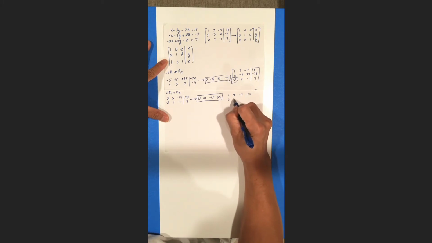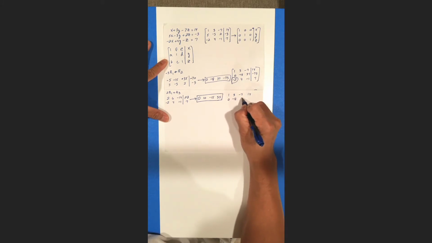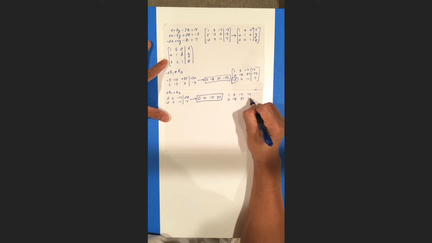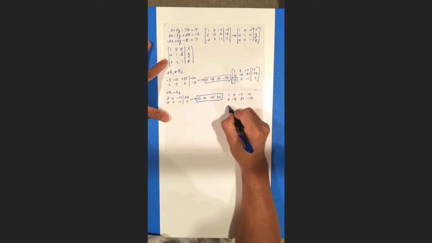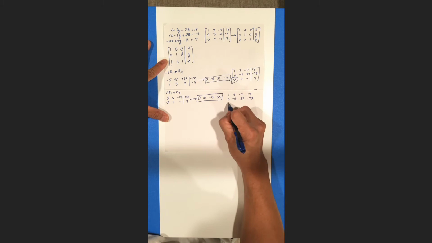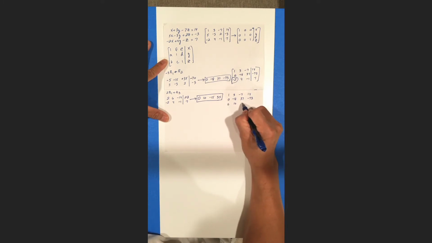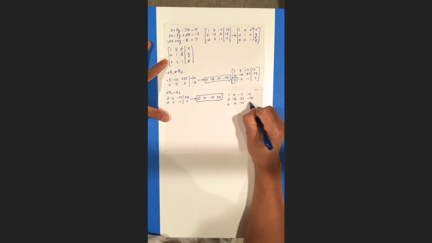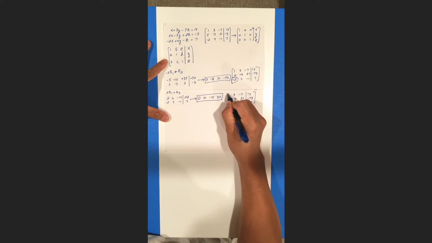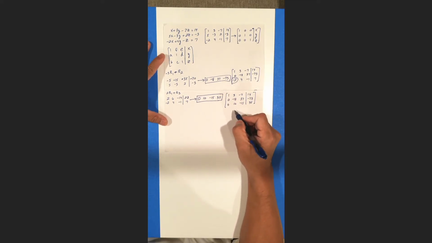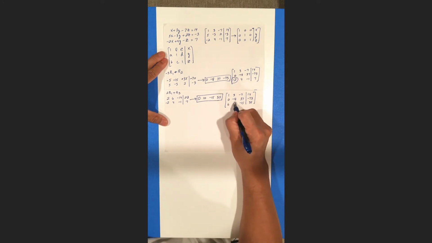Second row is going to be 0, negative 18, 37, and negative 73. My last row is going to be this new guy: 0, 10, negative 15, and 35. Okay, so now, see how that is? Now I have A is 0, B is 0. I got to work on C now.